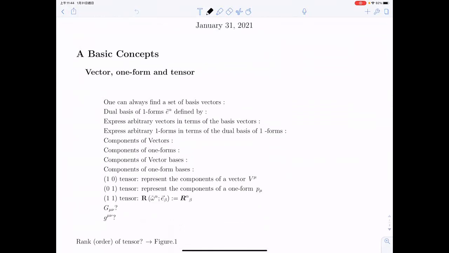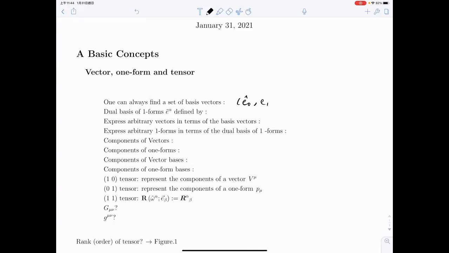So one can always find a set of basis vectors. Maybe you have learned this in your first year of university physics.